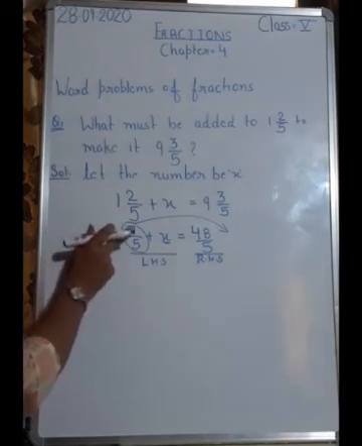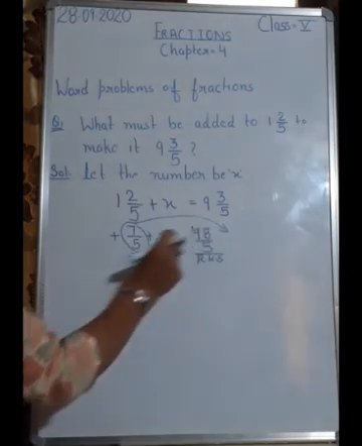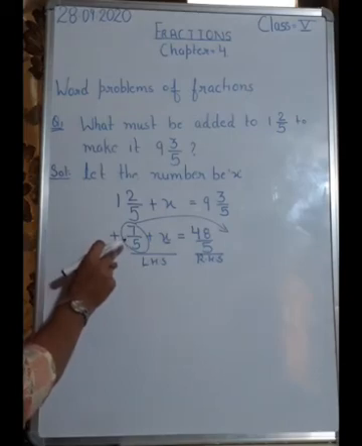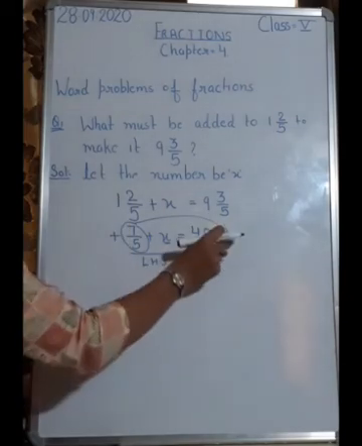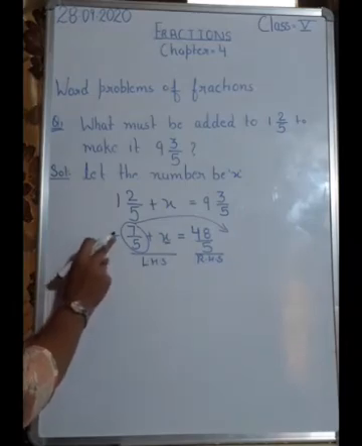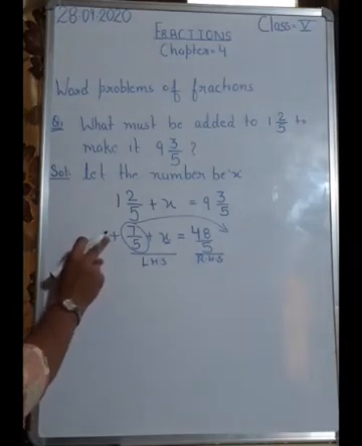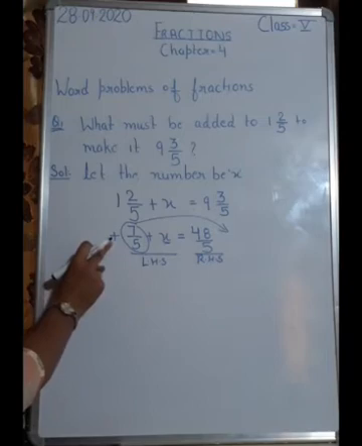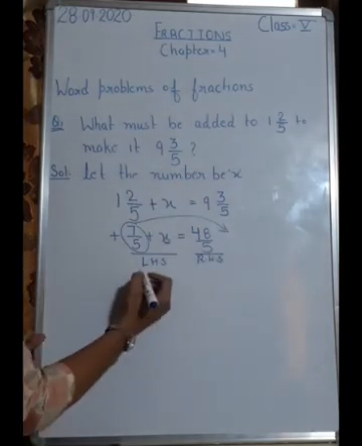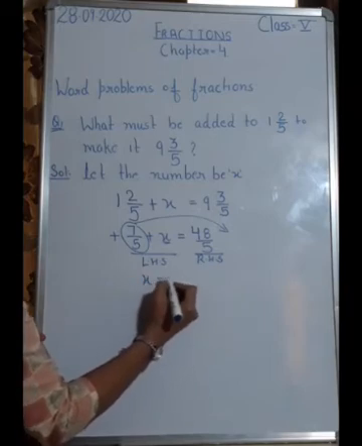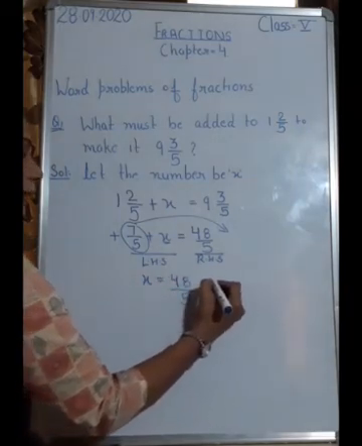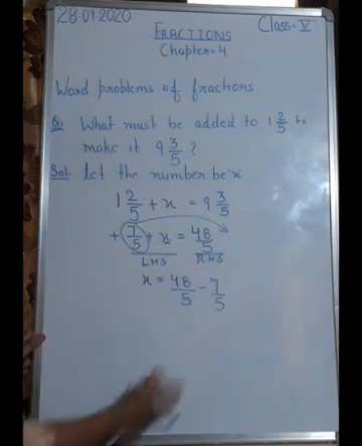When this plus 7 by 5 changes its side, it becomes minus. Whenever a number changes its side, from left hand side to right hand side or from right hand side to left hand side, the sign with the number changes. So as the number has a plus sign, when it goes to the other side of equals to, it becomes minus. So you will write x is equal to 48 by 5 minus 7 by 5.